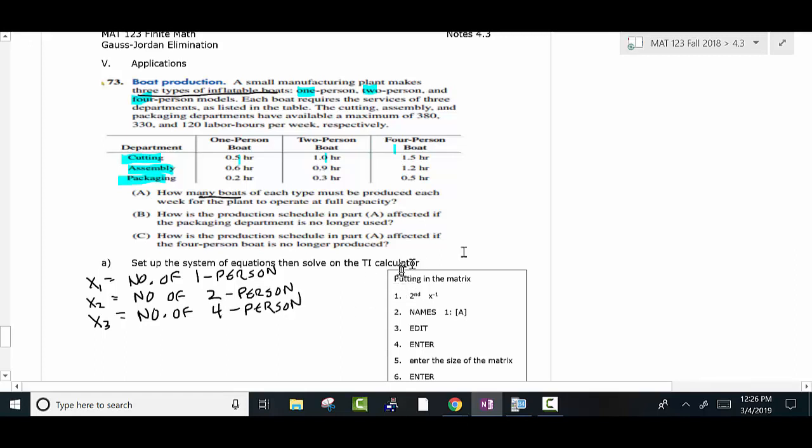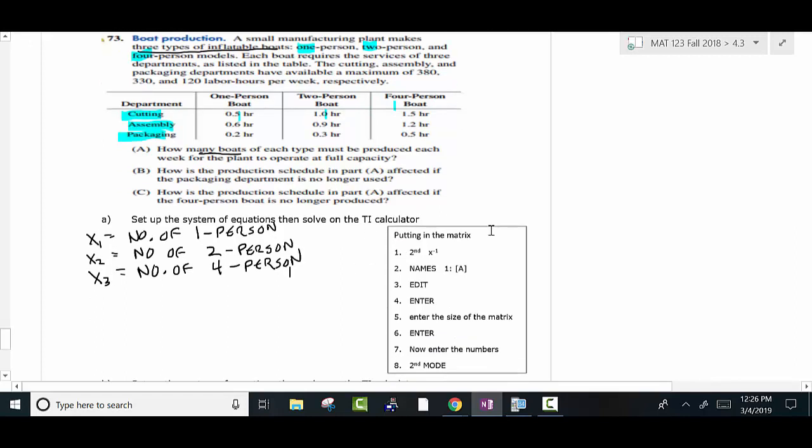It kind of goes like this. All right, so the first equation goes like this. If you look at this first row of numbers, that gives you an equation right there. That first row is just going to give you 0.5 times x1. Every time you have a boat, it's going to take half an hour to do the cutting on that. Second number is 1, so that will be plus 1 x2.